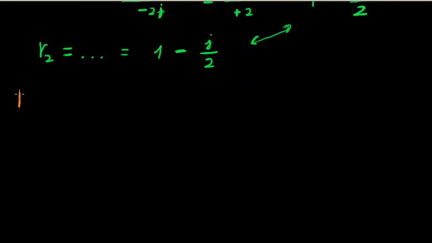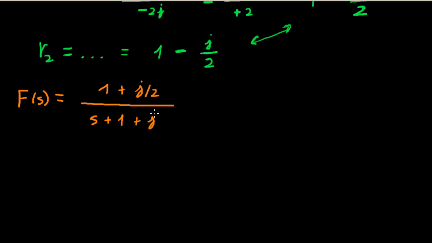and that is F(s) is equal to ((1 + j)/2) over (s + 1 + j), plus ((1 - j)/2) over (s + 1 - j).